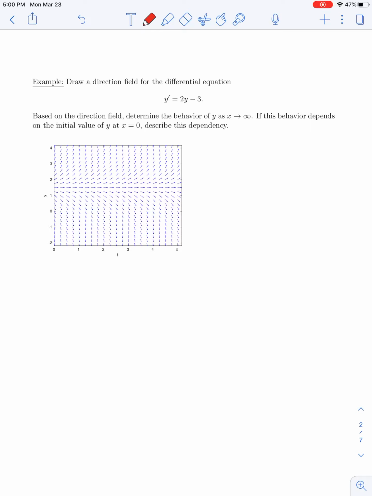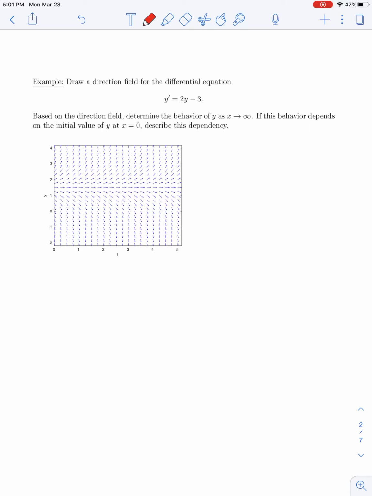And then based on that direction field, determine the behavior of y as x becomes large. And as we did in that first example, if this behavior depends on the initial value of y at x equals 0, describe that dependency.